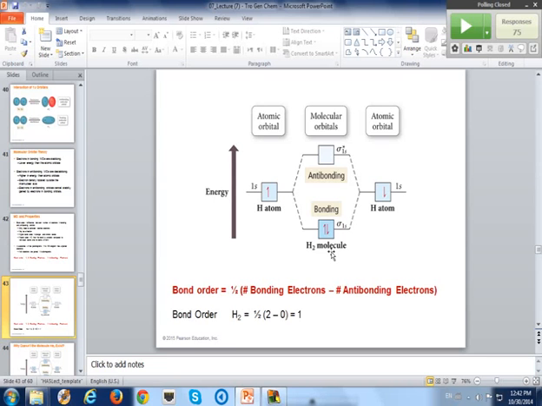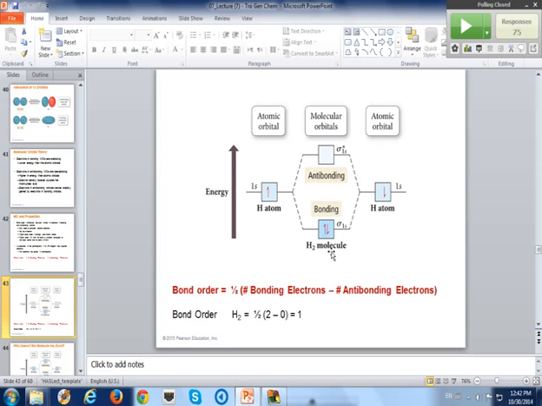Okay, in the case of the hydrogen molecule containing 2 hydrogen atoms, thereby 1 electron each in the valence shells of those 2 atoms.